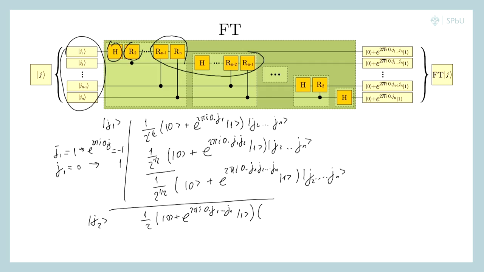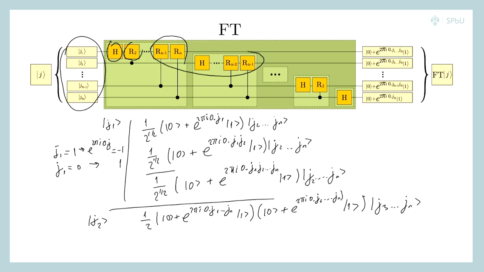And the second qubit changes, and now it is equal to |0> plus e to the power of 2 pi i 0.J2 etc. to Jn on the state |1>. And the state of other qubits, J3 to Jn.